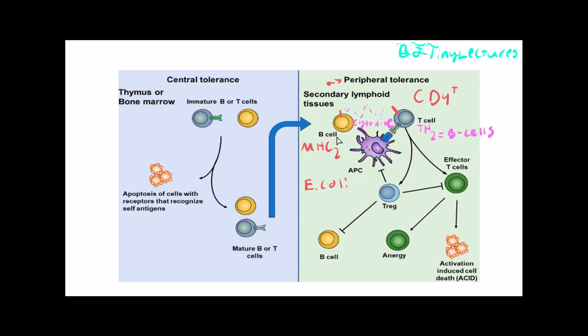So now the B cell received 2 types of signals. It received the signal from the antigen receptor, we're going to call that AR, and now it received a signal from the helper 2 cells. Now that we have both signals, the B cell can now create antibodies. So now the B cell can make antibodies.